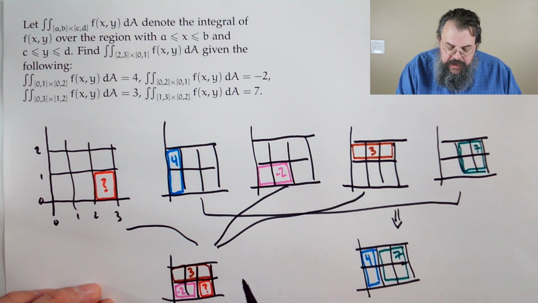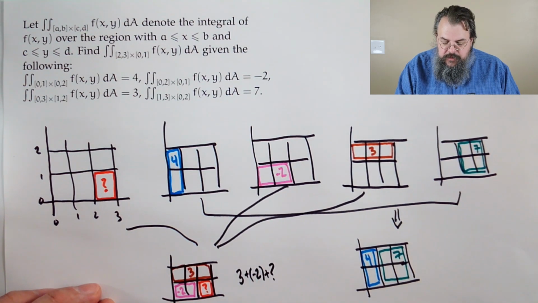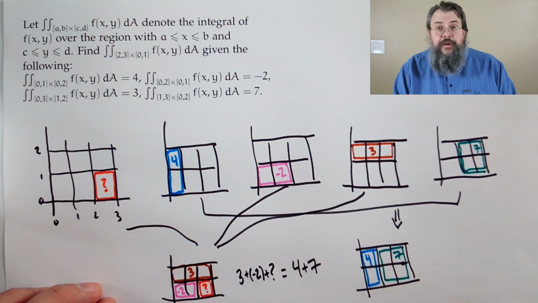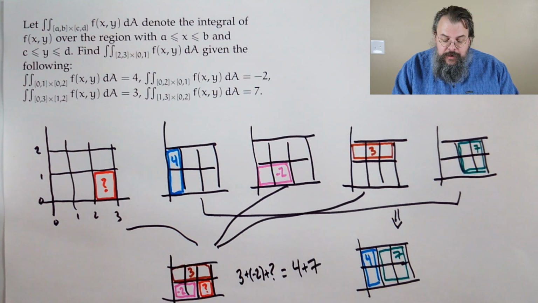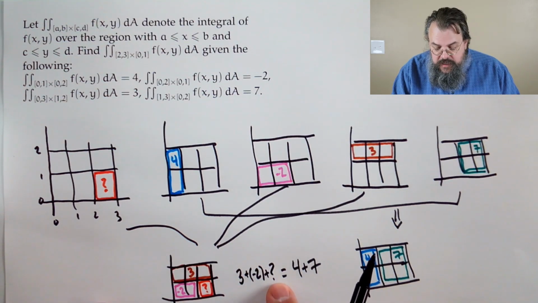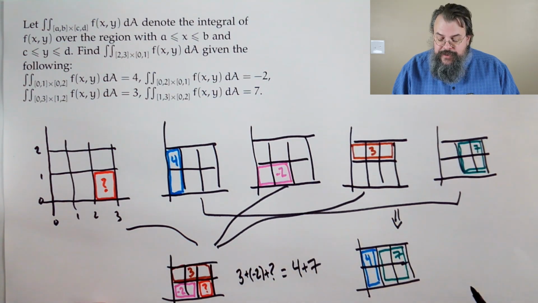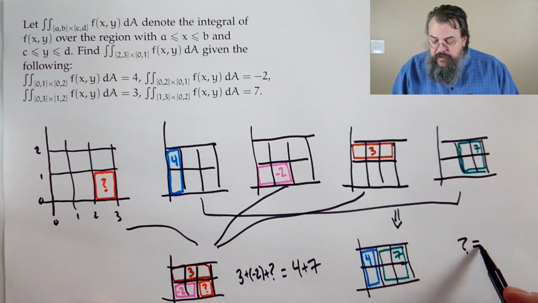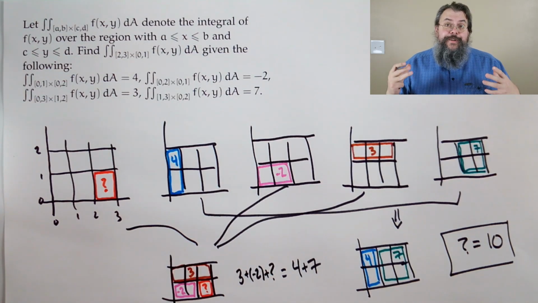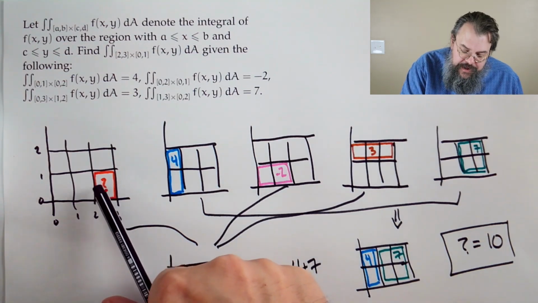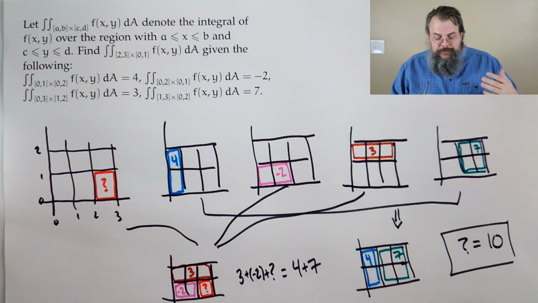So 3 plus negative 2 plus the part I don't know has to match 4 and 7, because in both cases, when we put the pieces together, we form the same shape. That says 1 plus something equals 11, so the thing we're looking for is 10. Wow, this piece has a lot of weight there. It's pretty heavy.